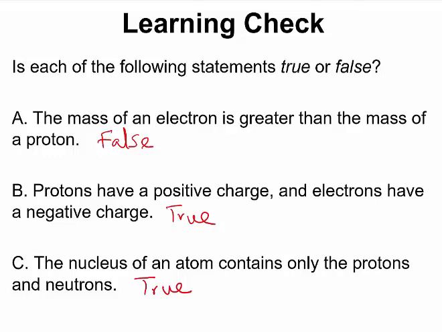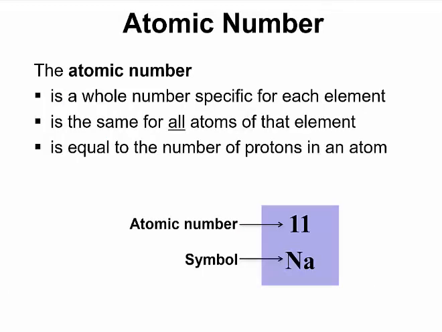Let us now take a look at the meaning of the number of protons in an atom. Think of the number of protons in an atom like you would think of your social security number. Your social security number should be unique to you, and it should not change.